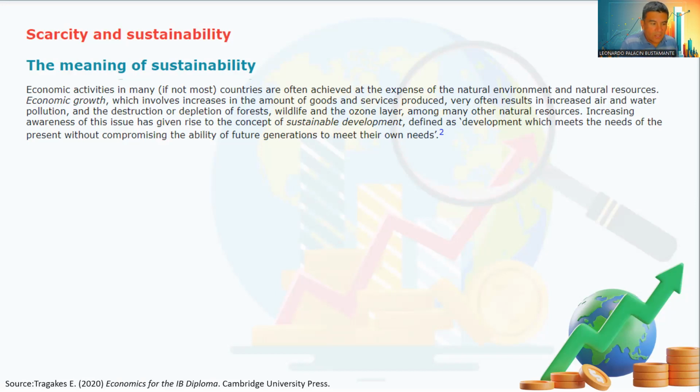That's why it's very important that the concept of sustainable development arises, because sustainable development has to do with meeting the needs of the present without compromising the ability of future generations. In other words, sustainable development has to do with efficient decisions, efficient choices made.